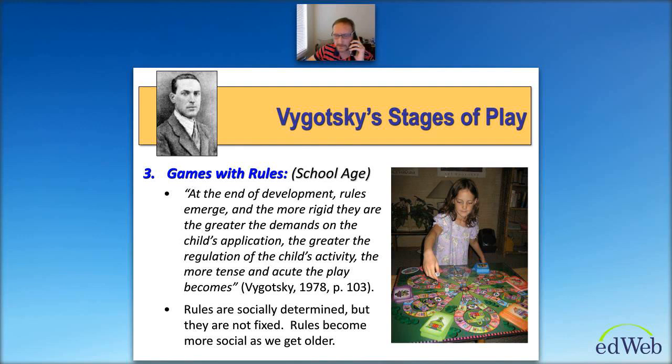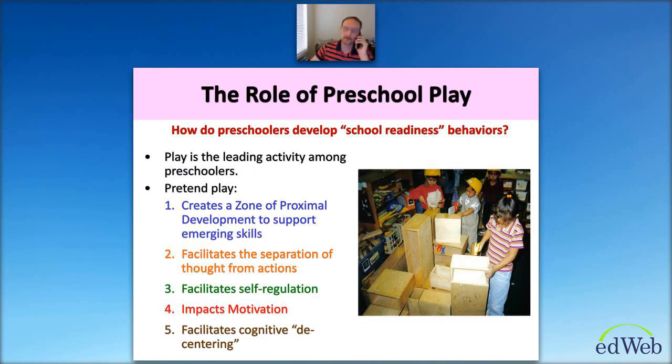So these next 6 slides I'm going to show you are actually really critical to this whole presentation. This is really where I think you need to come when you're thinking about how can I really advocate for play and convince someone that it really does help preschoolers develop and prepare them for school.